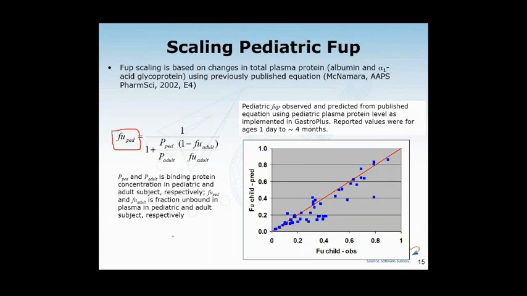Okay, thank you. And then maybe just a last question concerning the binding kinetics of drugs with albumin. Don't you consider binding kinetics for albumin to be a very fast process compared to tissue distribution or metabolism? In other words, should we take into account the binding kinetics of drugs to albumin? Well, that's what we are assuming right now. The model assumes that the binding to albumin is a quick and linear process.